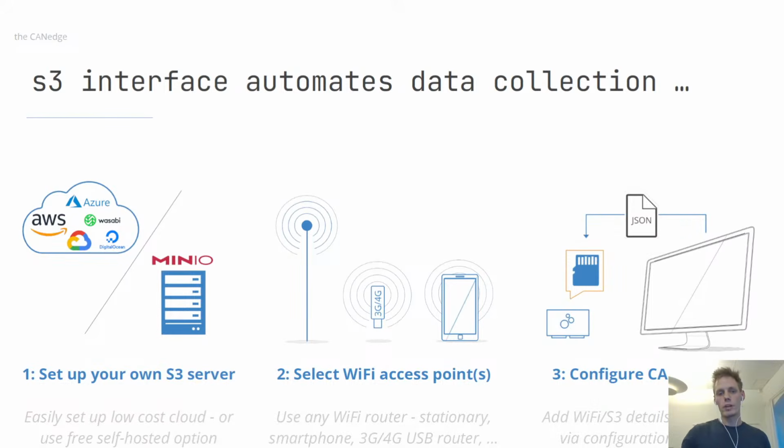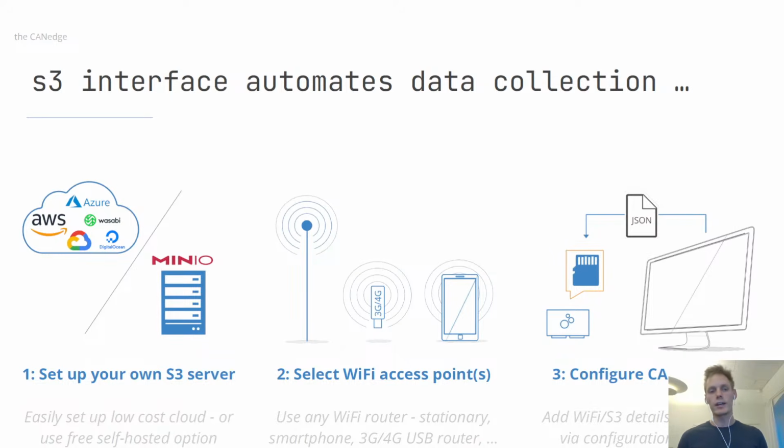The CANedge 2 works like this. You set up your own server for receiving the data. And here we use an interface called S3. It's a bit like FTP servers that some of you may be more familiar with, but just the modern equivalent of that. You can use a cloud server, and for many use cases, that will be the simplest to set up.